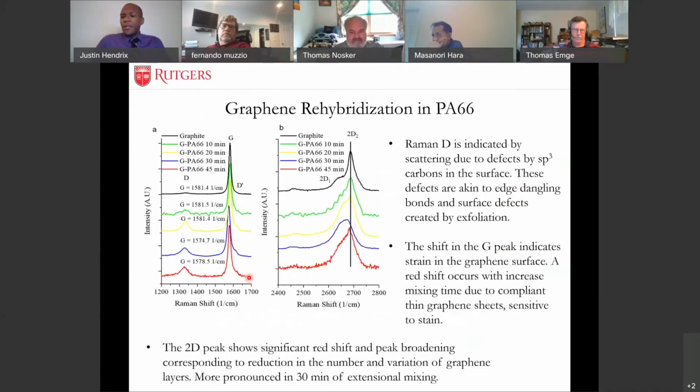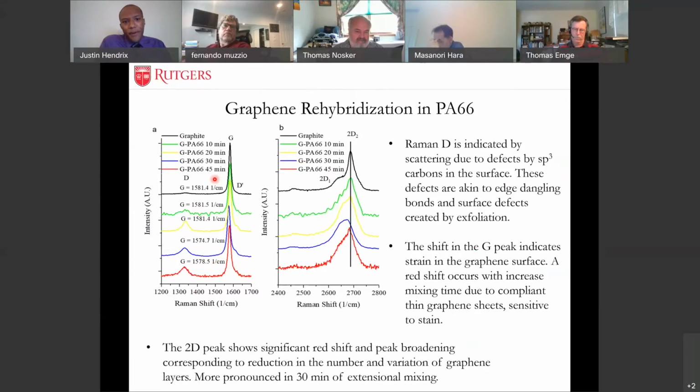Now, the next thing we're going to talk about is Raman spectroscopy. We see that we have three peaks that are characteristic of graphene. The first thing we're going to talk about is our D peak. If you remember from the literature review, the onset of the D peak says that we're getting bonding or rehybridization going from sp2 to sp3.